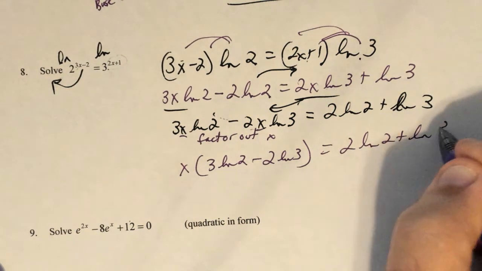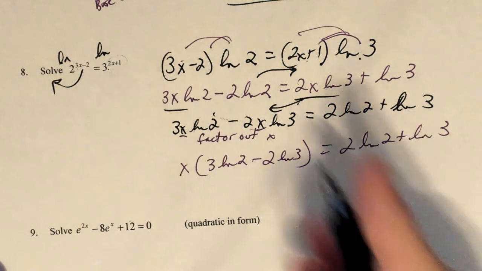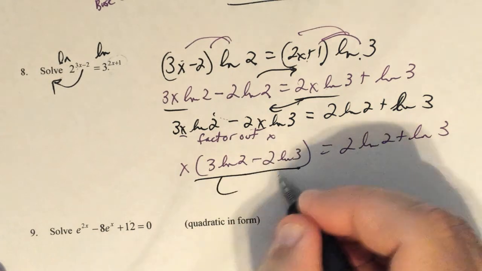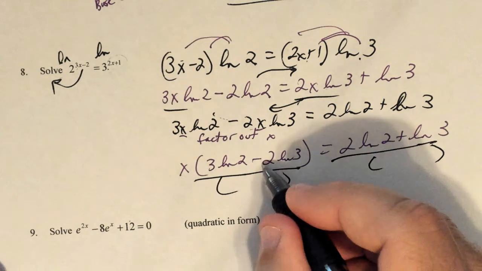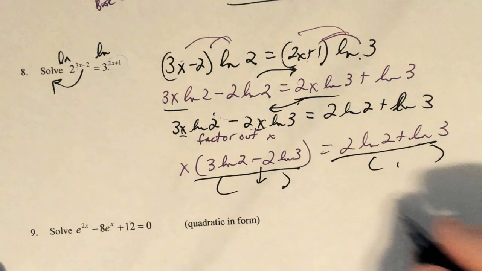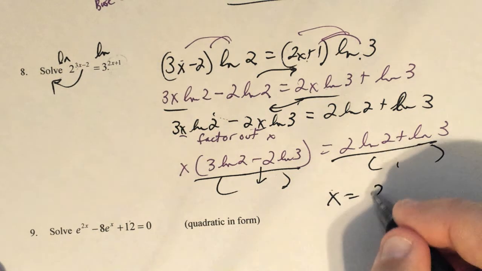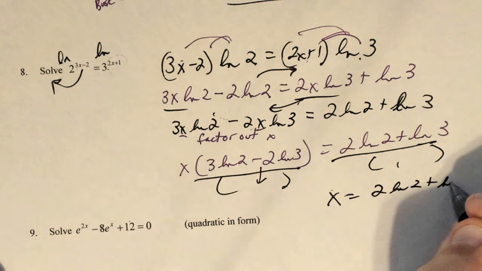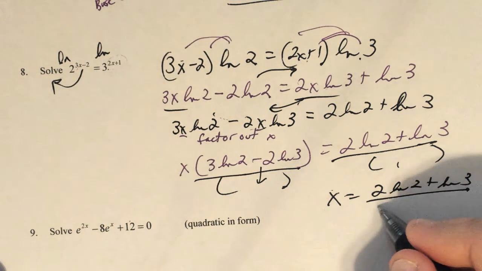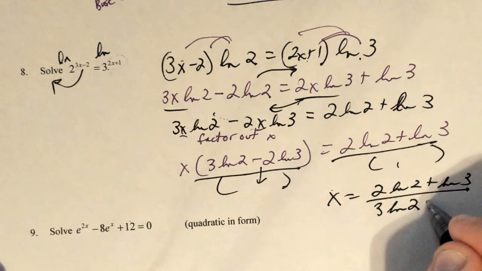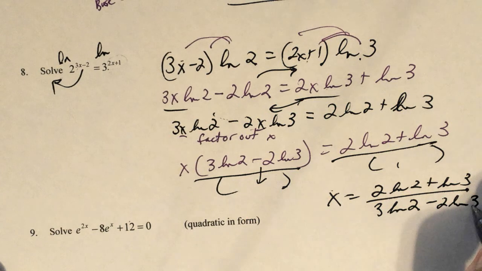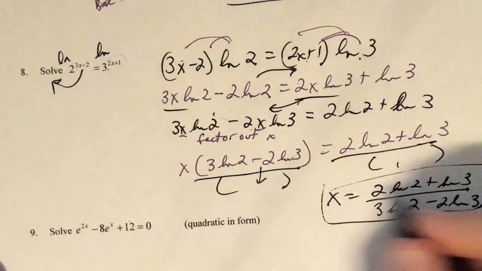And here's where doing the exact is the best part. We're going to divide everything by this parentheses. And so we get x is equal to 2 natural log of 2 plus natural log of 3 all over 3 natural log of 2 minus 2 natural log of 3. And that is my exact answer.